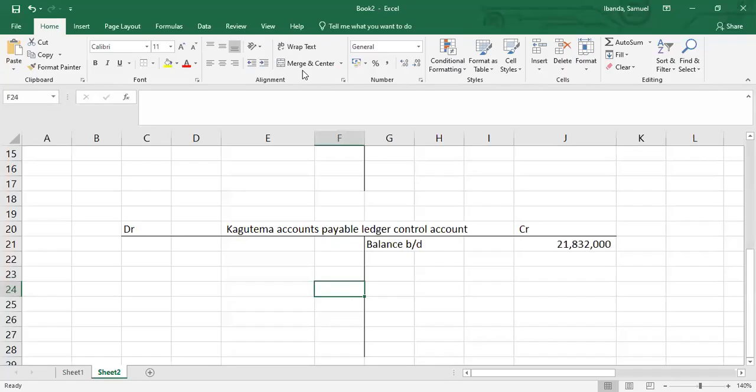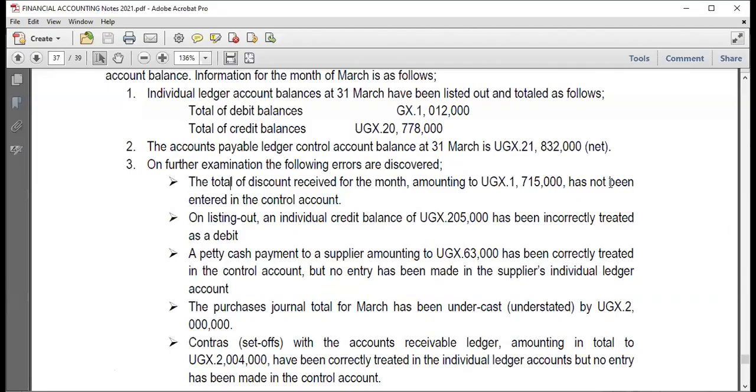So our first error has a discount in it. They are telling us that the total discount received for the month had not been entered in the control account. So ours is actually to enter it there. And when it comes to this discount, discounts are supposed to be debited, because they reduce what we should pay to our suppliers.